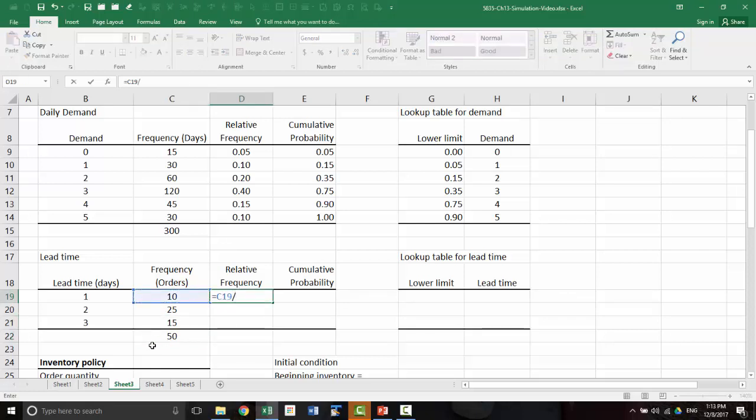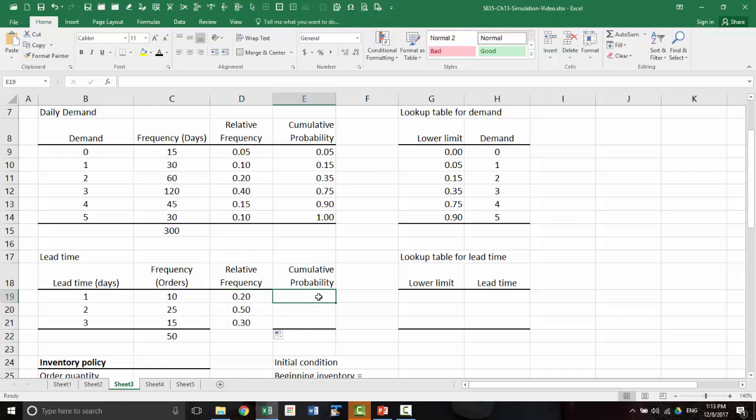So compute the probability, F4. Copy that, and then you have the sum of that D19 to D19, except that the first D19 should be absolute referenced.